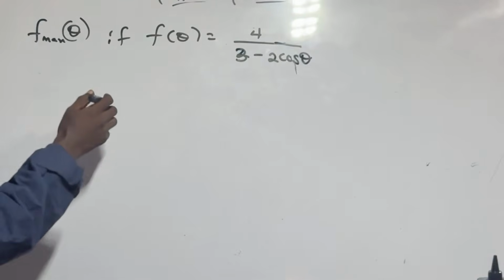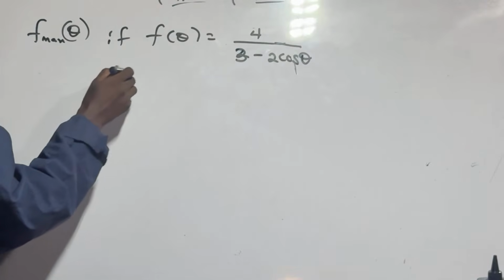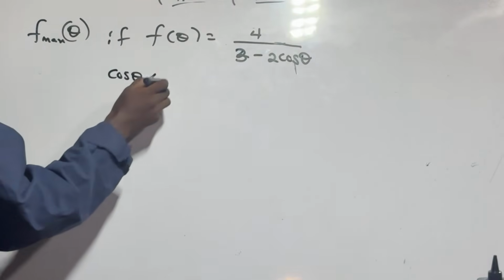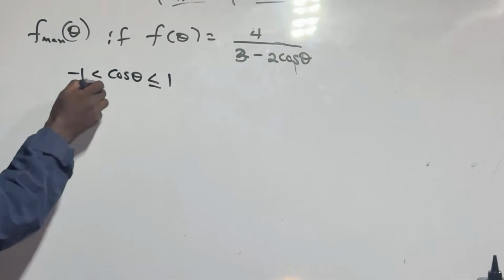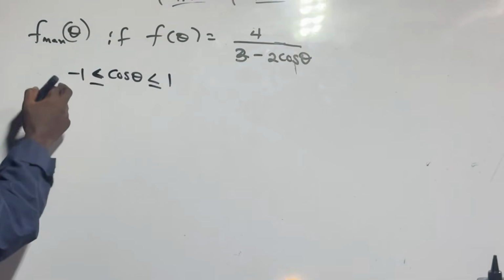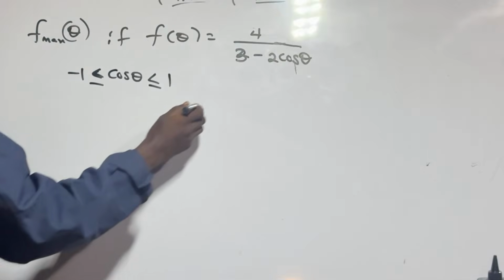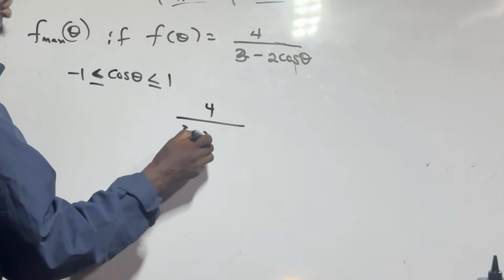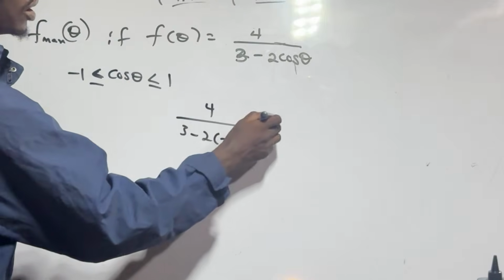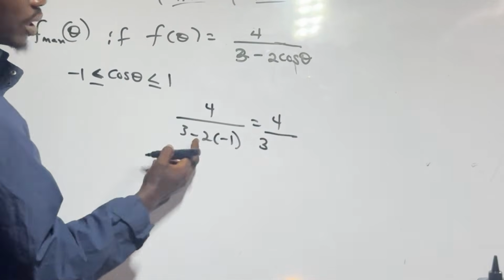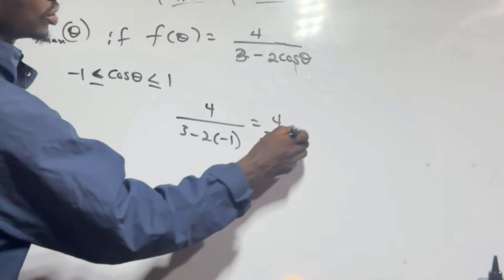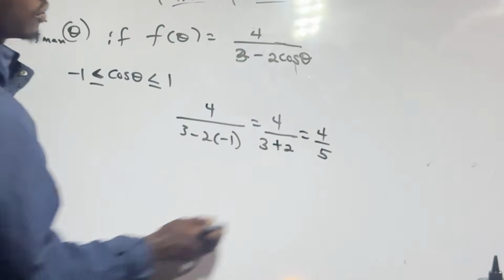So I told you that you have to substitute. Recall that cos theta ranges between minus 1 and what? And 1. So substituting minus 1 for cos theta here, you have 4 over 3 minus 2, open bracket, minus 1, and that will be 4 over 3 minus 2 times minus 1, that will be plus 2. You have that to be 4 over 5.